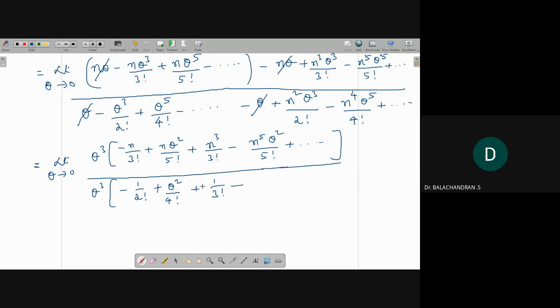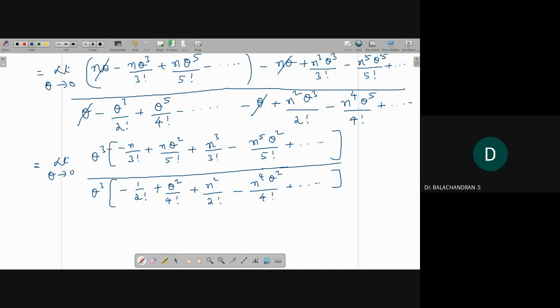Is it correct? I think I made a mistake here. So plus n square by 2 factorial, and then finally n power 4 theta square by 4 factorial, plus higher powers of theta.